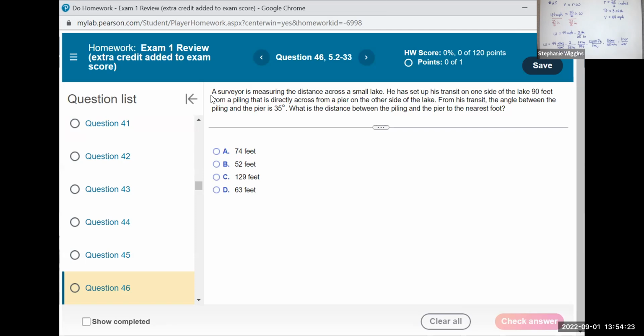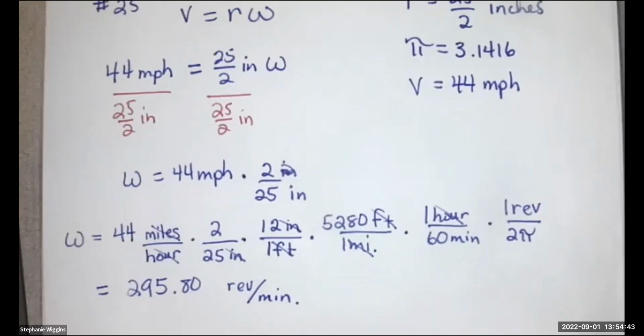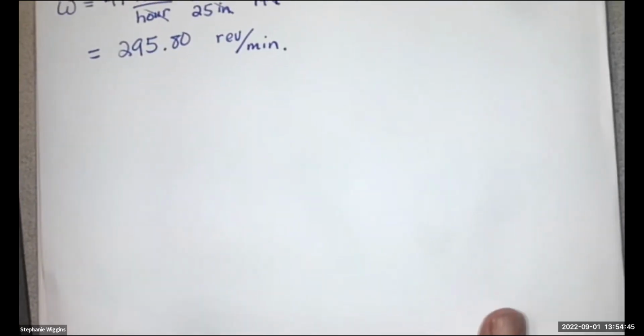From his transit, the angle between the piling and the pier is 35 degrees. So, let me show you what the picture looks like. This is number 45.